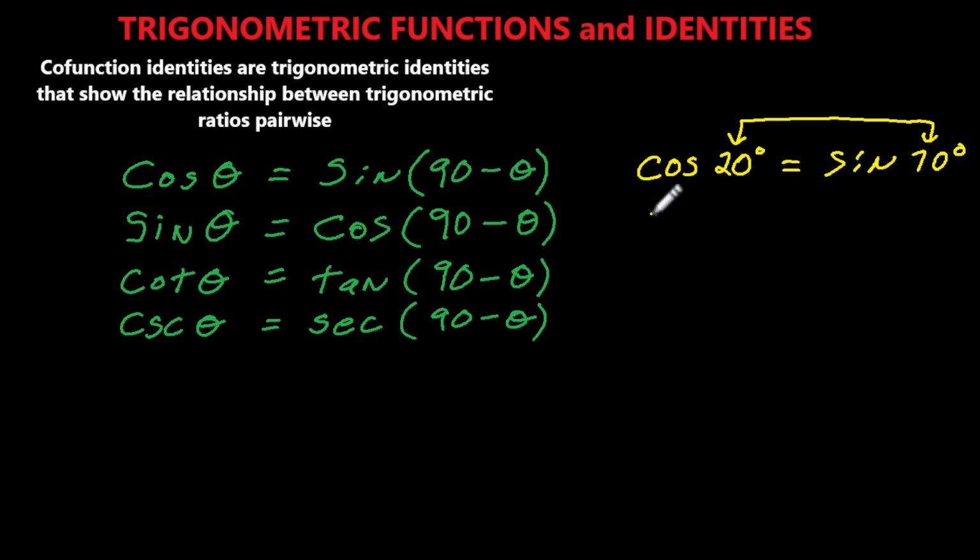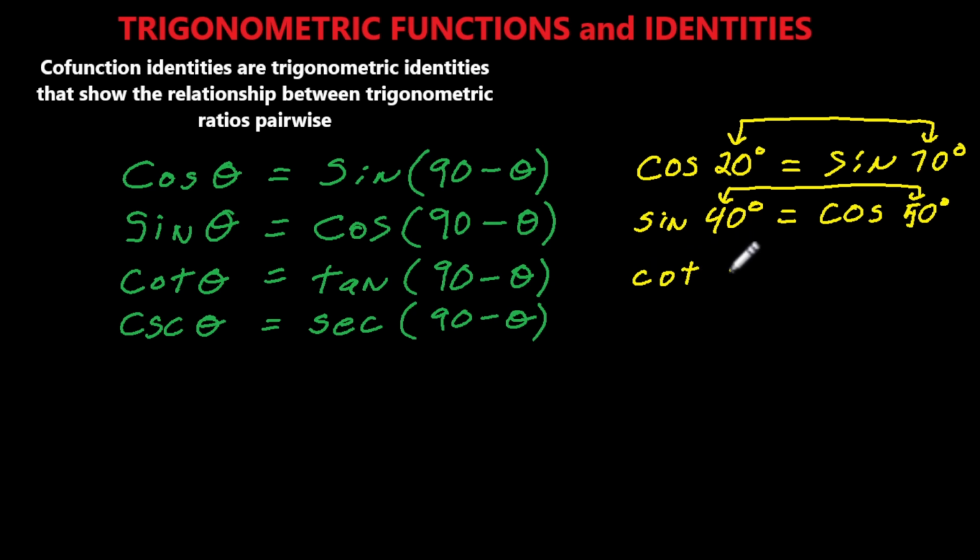So let's try if I have sine of 40 degrees. Well, the cosine would then be 90 minus 40, or 50 degrees. And again, these would add up to 90 degrees. And if I had cotangent of 20 degrees, that would be equal to tangent of 70 degrees.